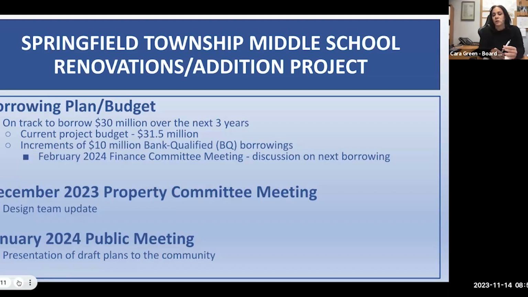And then in January of 2024, hard to believe I'm saying 2024, there will be a public meeting and it'll be a presentation of draft plans to the community. Are there any questions on this slide? Okay.